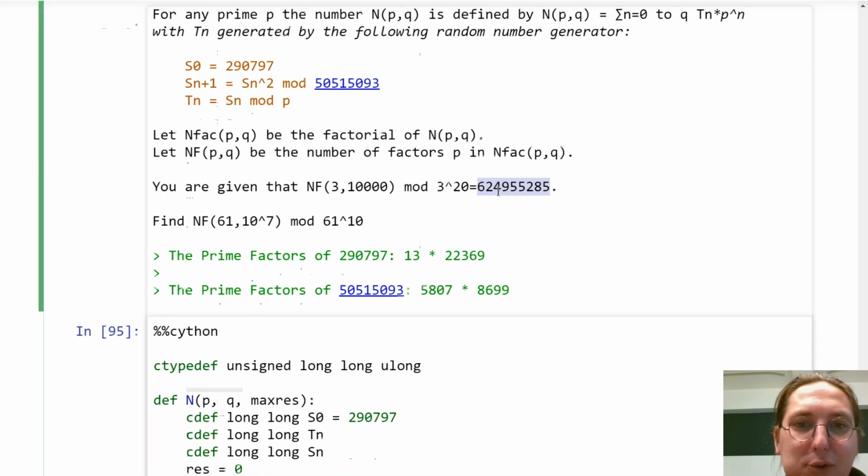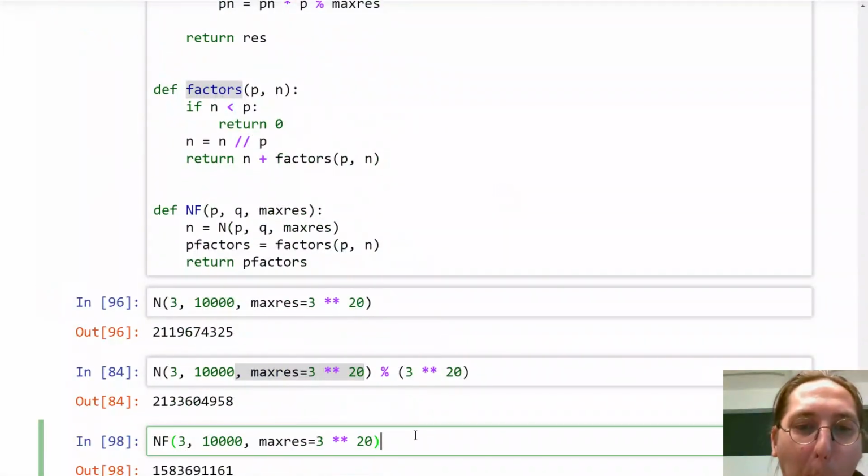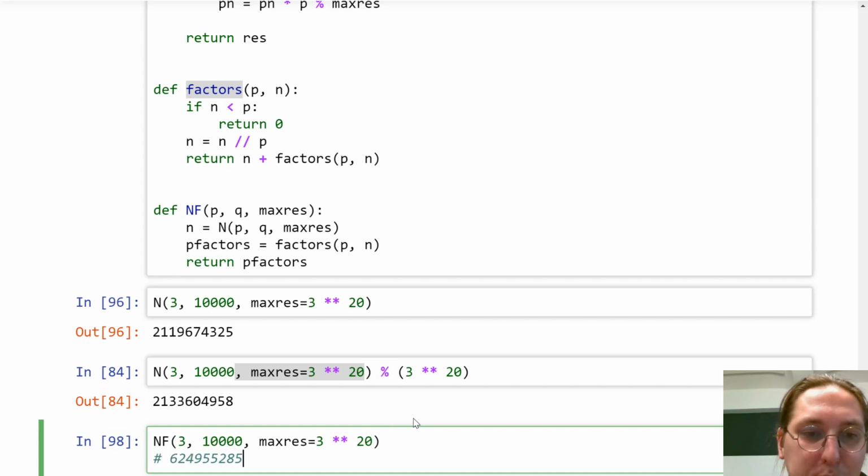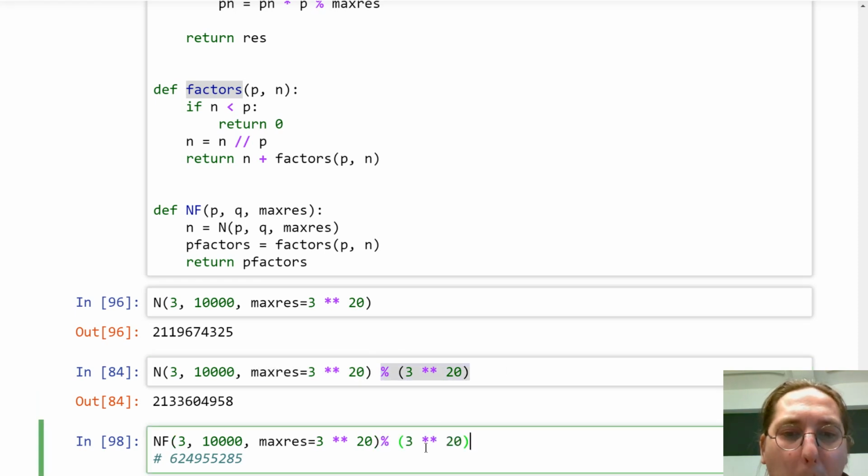Very well observed. It's also a totally wrong number. Because 2133 million divided by 3 is 700 million.